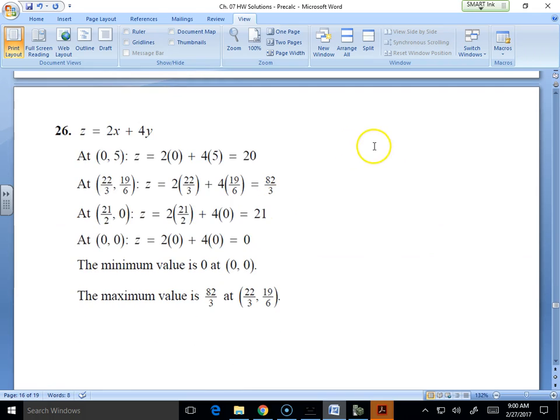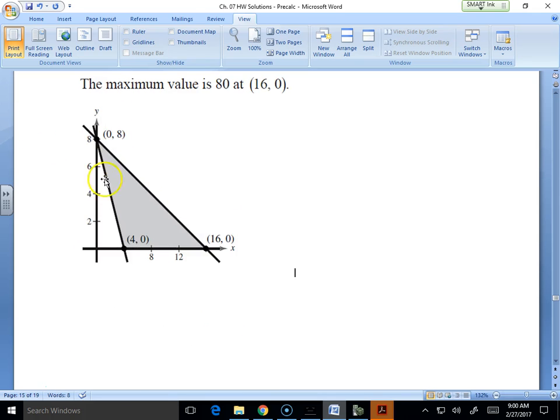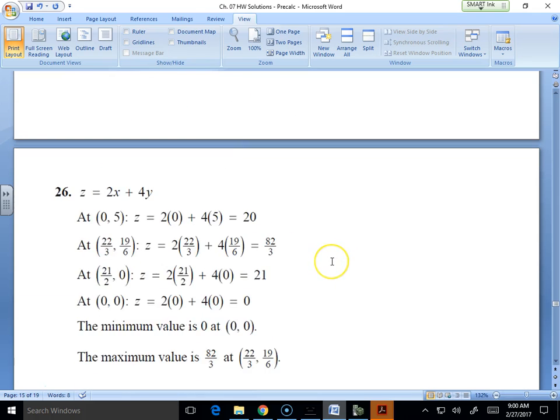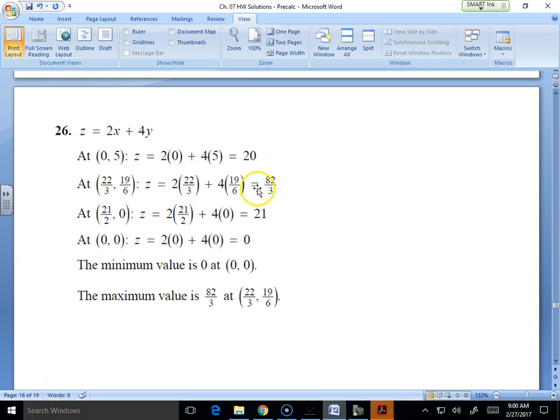Alright, number 26. He was a little bit messier in his numbers. Remember I told you guys that for these ones, you would be able to use your graphing calculators, but you need to understand how to find, for instance, the different vertices from the corners of the overlapped region. To be honest, if you're graphing lots of different constraints, it can get really confusing trying to keep them all shaded with your calculator.